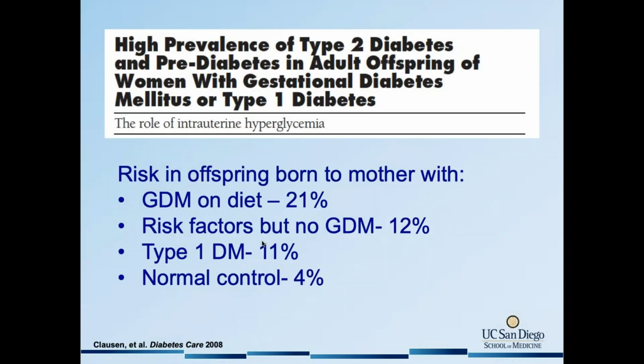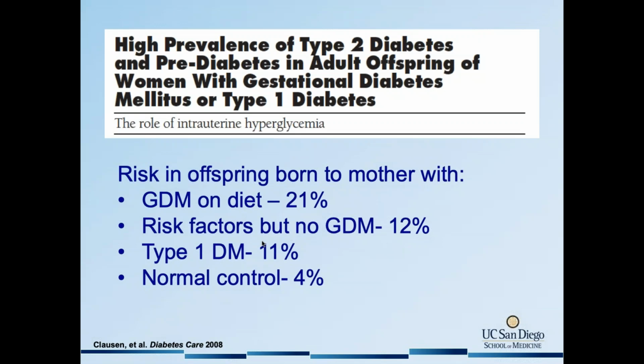And then there are further studies that have been published in Diabetes Care looking at what type of diabetes and what the risk is in the offspring. So this was looking at offspring and the risk of development of diabetes. And as you can see, if your mother was a gestational diabetic, even on diet, the risk was 21%. Type 1 diabetes, it was 11%, and normal controls is about 4%.